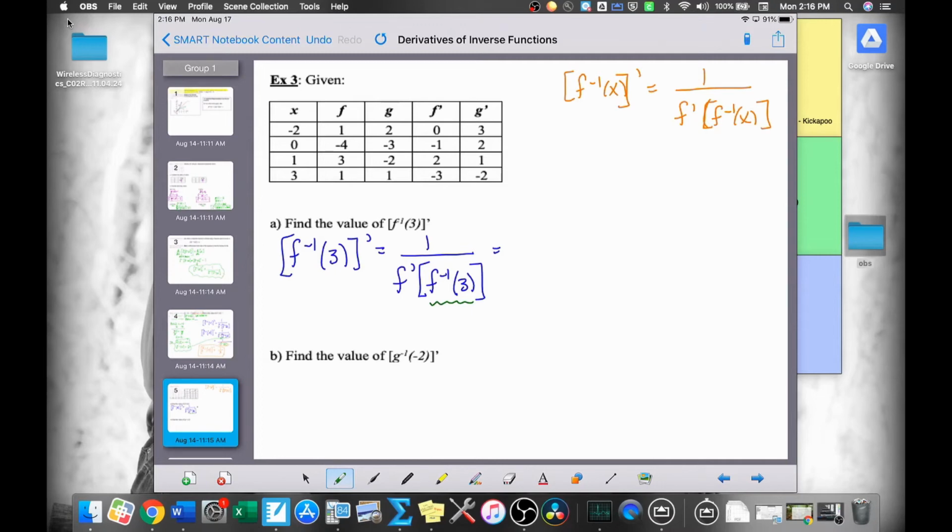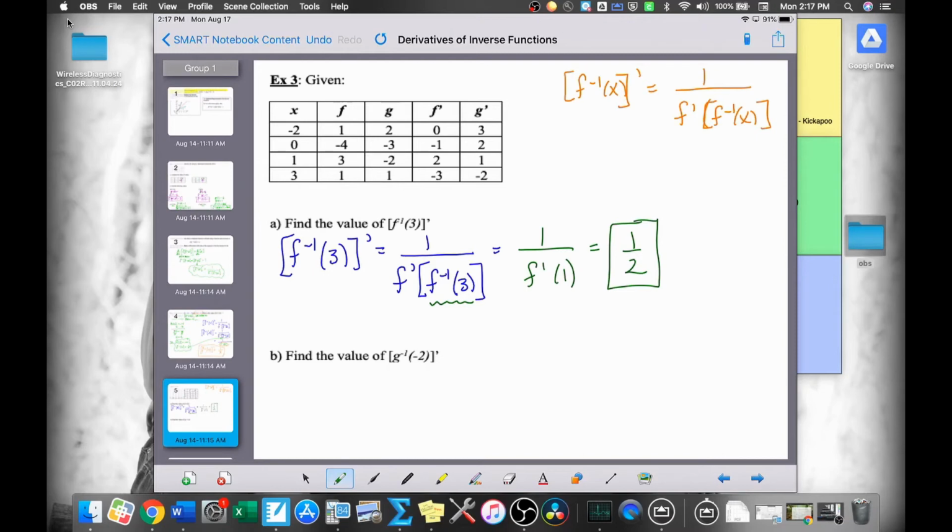And the x value that gave us that was 1. So if when x is 1, f of x is 3, if f inverse is 3, then x is 1, right? That's that relationship. So this bottom becomes 1 over f prime of 1. And then when x is 1, f prime of 1 is 2. So this value is 1/2. It is a slope because it's a derivative.